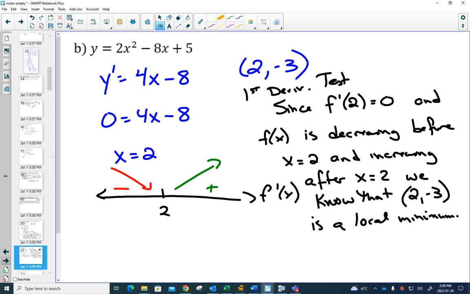is a local minimum. Now again, the word local means that some graphs have absolute minimums. A parabola is one that has an absolute minimum. It never gets lower than the vertex or never gets higher than the vertex, depending on which parabola you're looking at. But there are some graphs that have, like an x cubed graph, might have a minimum here, but it's not the absolute minimum because it goes down forever.